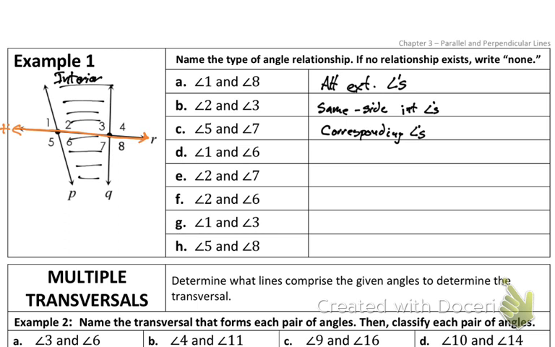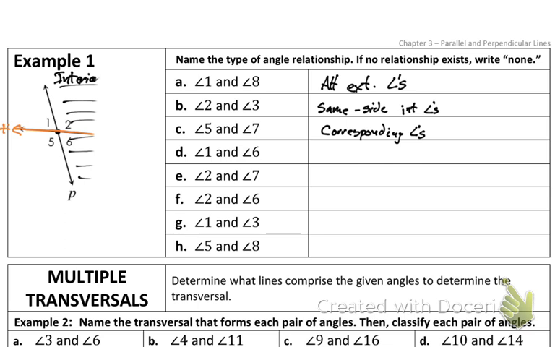Okay, my next one is 1 and 6. If you look at 1 and 6, they do not need this secondary line. To get from 1 to 6, I didn't need the 2 lines, which means it's 2 possibilities. Either it's a linear pair or it's a vertical angle. That's the only thing it can be if I'm down to just 4 angles. And if we look at 1 and 6, they're straight across from each other, which means they are vertical angles.